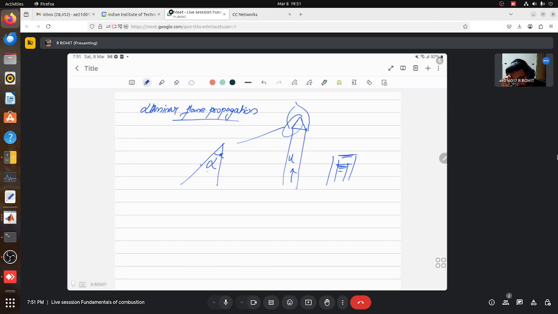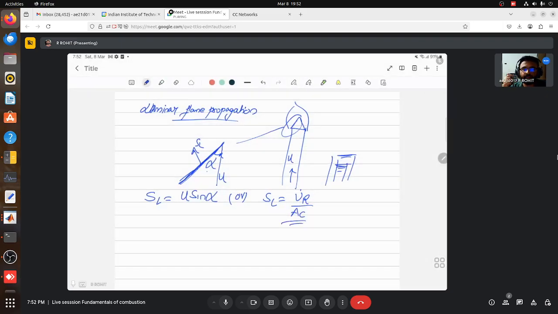The velocity normal to the flame surface is what is called the laminar flame speed. If U is the velocity, then SL is nothing but U sin alpha. Or you can directly measure it from the volume flow rate of reactants divided by the area of cross section, which gives you the laminar flame speed.